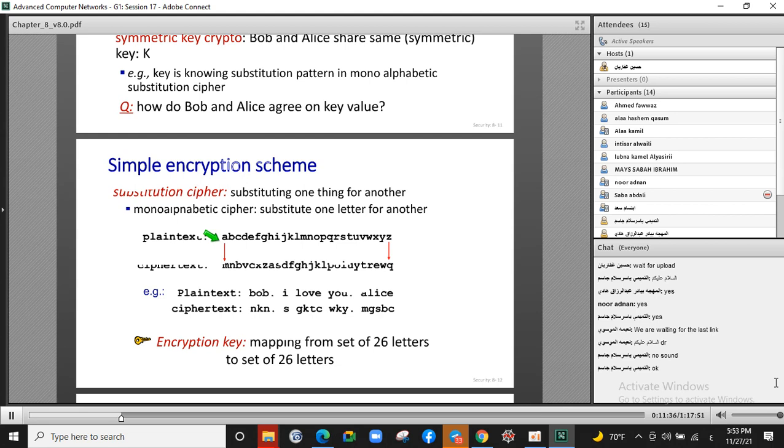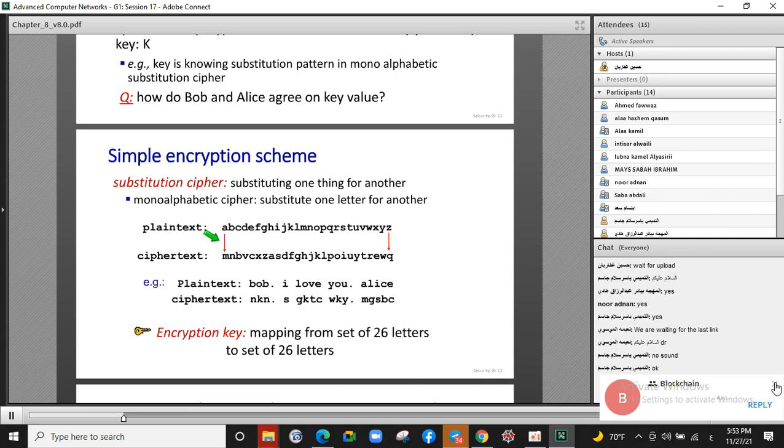In English, we have a set of 26 different characters. Those characters are replaced by others in substitution ciphering, and this is the key. But this strategy can be broken. We can break it very easily. How?